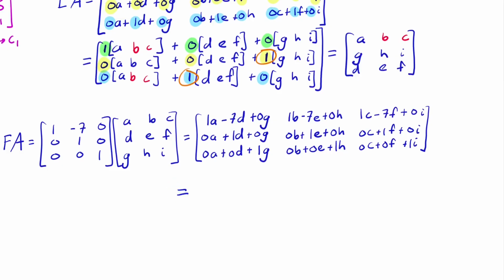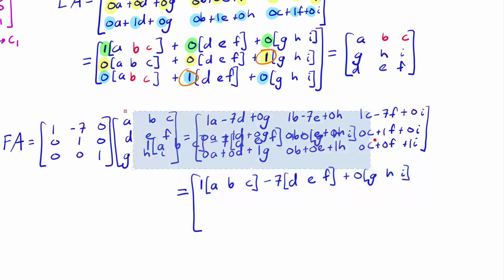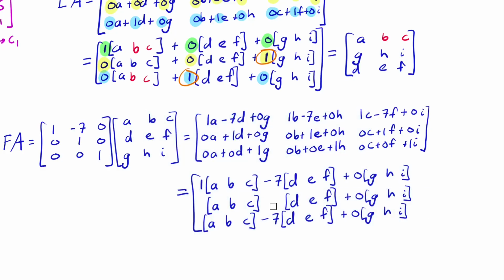And for the first row of this one, I can think of this whole row as a linear combination of 3 different rows: 1 times ABC plus -7 times D, E, F plus 0 times G, H, I. And it's the same idea for the other rows. We're just using different things as a linear combination.